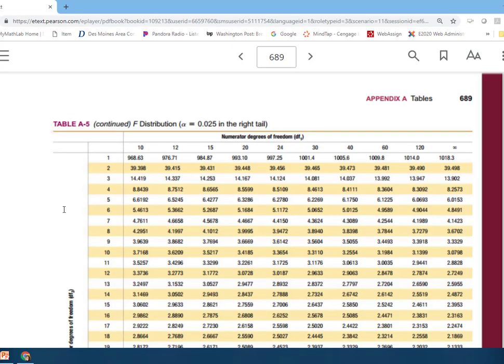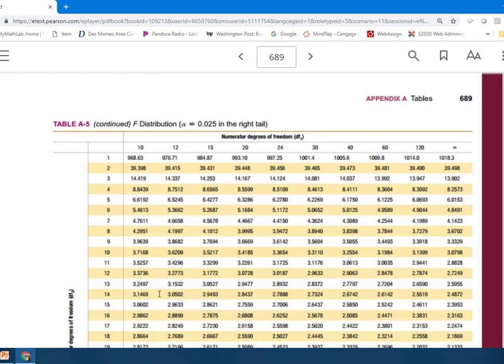So since ours is a 2-tailed test in that our alternative is not equal to, we're going to use the part where we have alpha equals 0.025 in the right tail. Now, if you remember, our numerator degrees of freedom is 11, which is in between 10 and 12, and our denominator was 14.